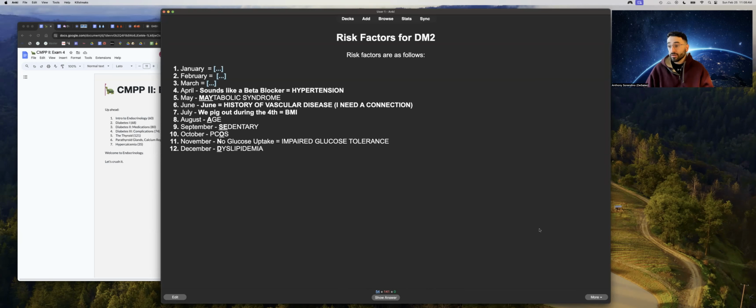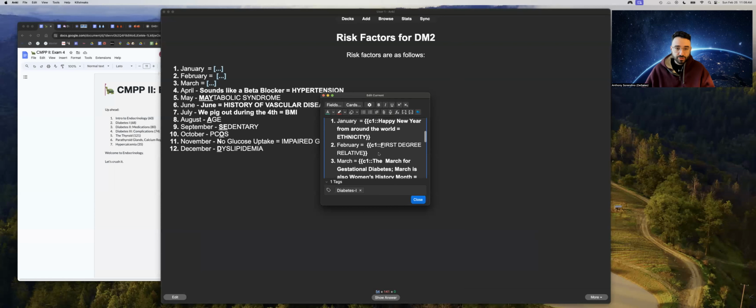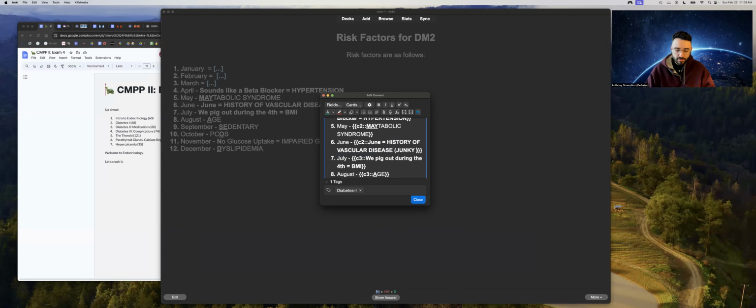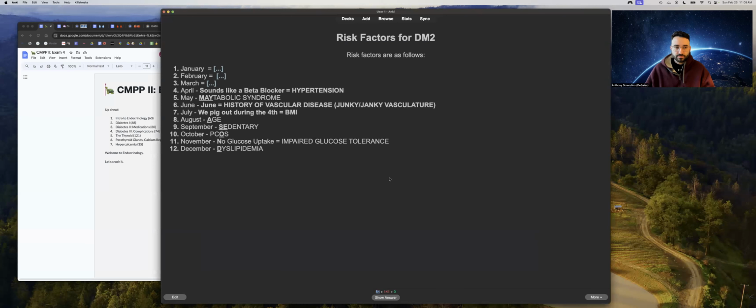Oh, okay. So here is my mnemonic for the risk factors for DM2. I have connected one to the months of the year. So June, we actually came up with junky veins, or janky vasculature.